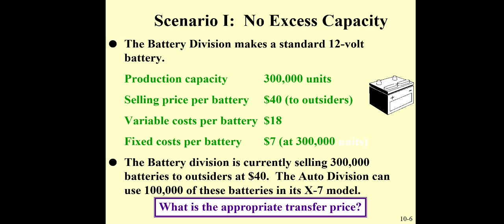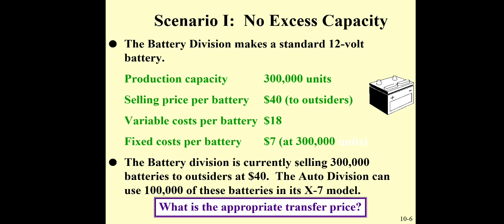The battery division makes standard 12-volt batteries. The production capacity is 300,000 units. This is the normal battery for a car. This is not a battery for an electric car, but a normal battery.